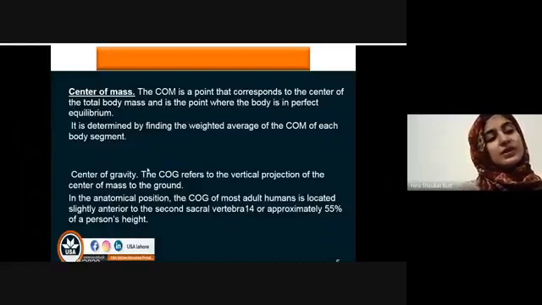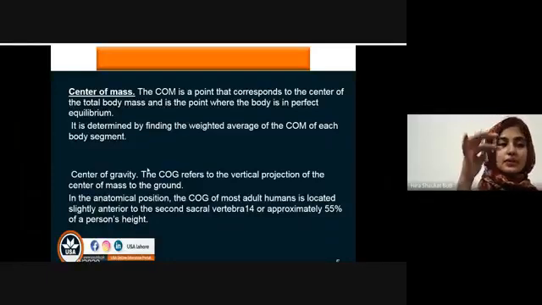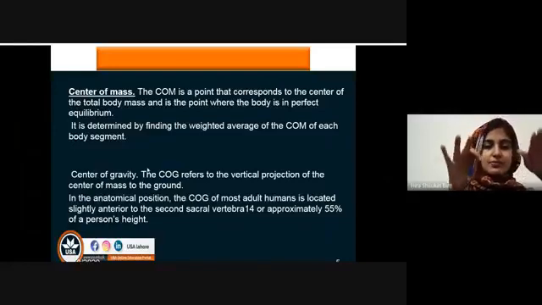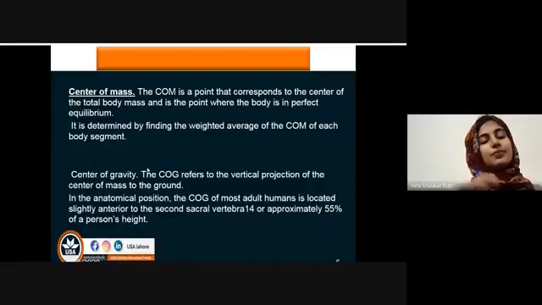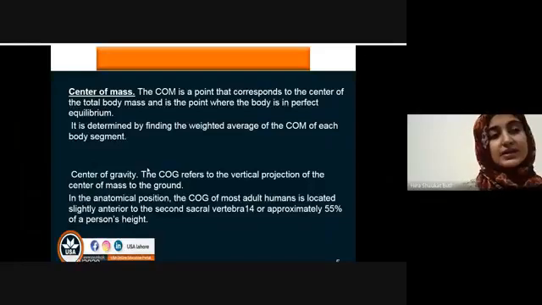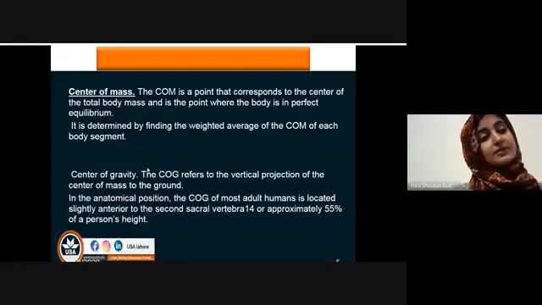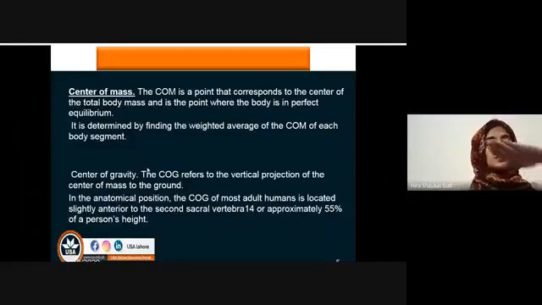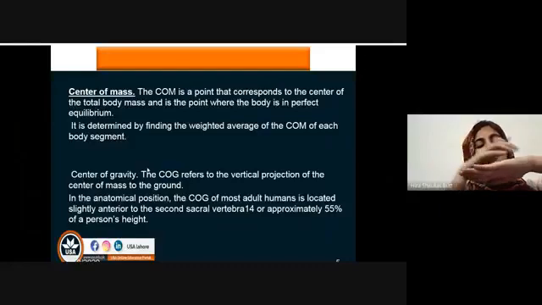And what is the center of mass? It's a very easy term. This is the point where the body is in an equalized position, in the equilibrium state. The center of mass is a point that corresponds to the center of total body mass, the point where the body is in perfect equilibrium. Let's suppose this is the body and this is the overall uniform mass.